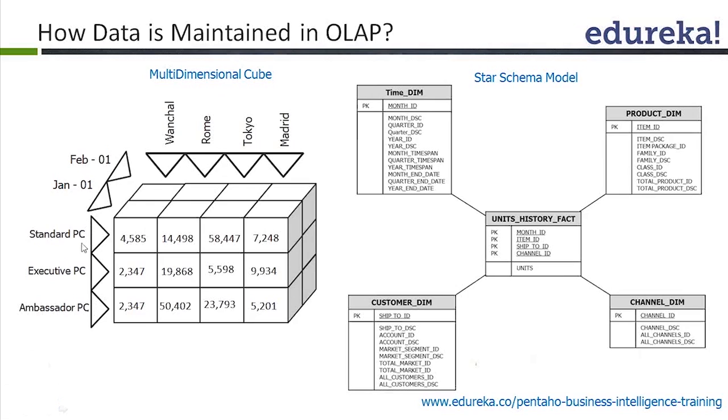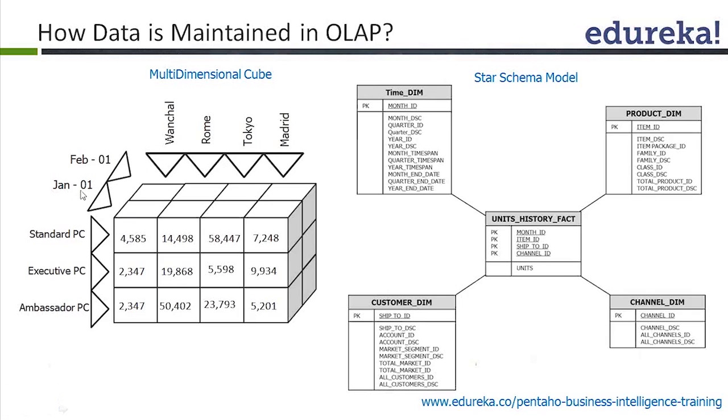Vertically on the y-axis you can see standard PC, executive PC, and ambassador PC. This is basically sales of personal computers. On the x-axis are numbers, you can say units, and on the z-axis, which is the third dimension, is time.